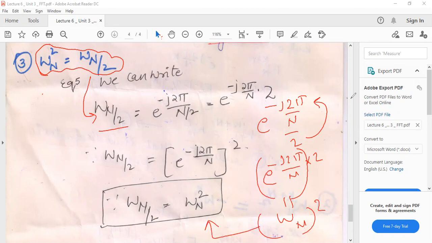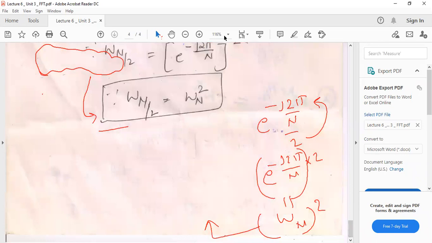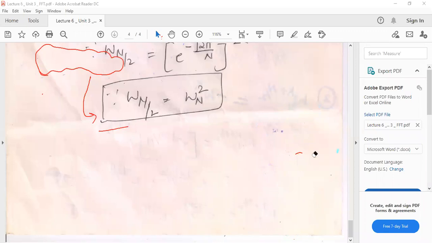So we can conclude in this lecture that the conventional DFT algorithms which we have are algorithms which require large computation.